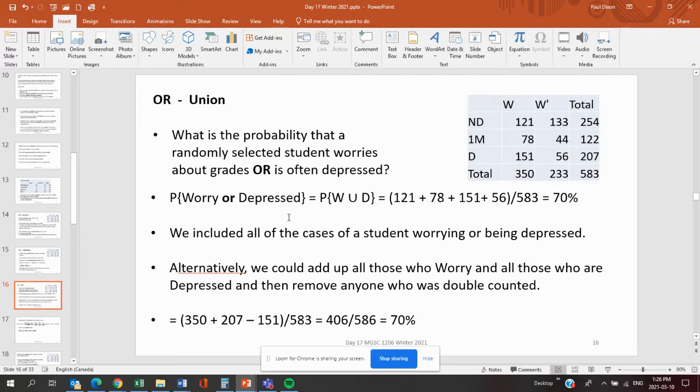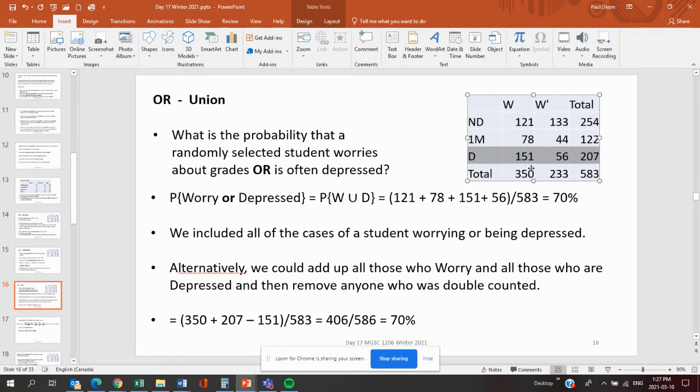Another term that's used is or. For those people that love Venn diagrams, silly people, it's the word union. So if I worry or am depressed, so if I'm in this column here among these 350, or I'm in this row here among these 207 that are depressed, I'm one or the other, or both. Okay?